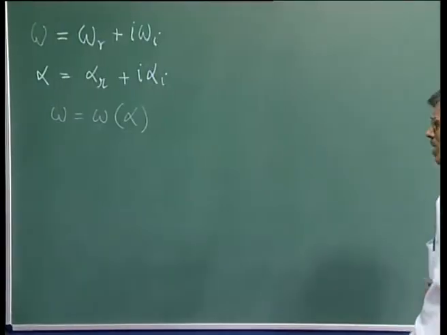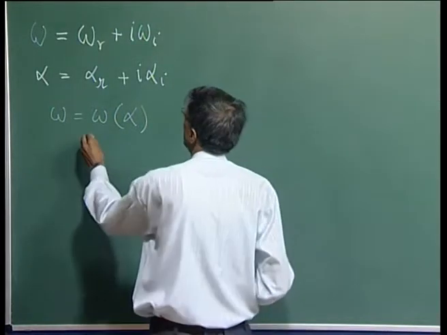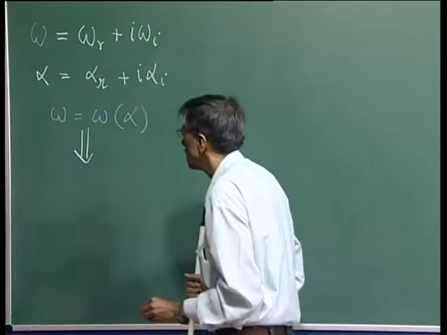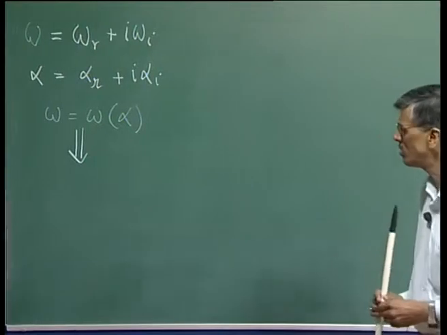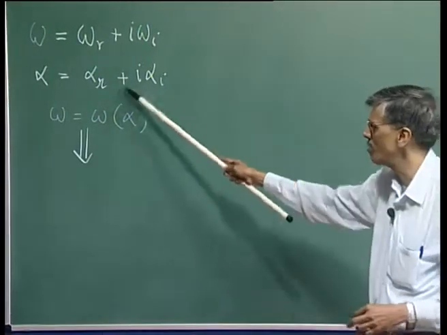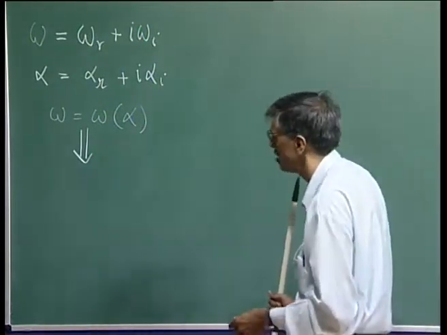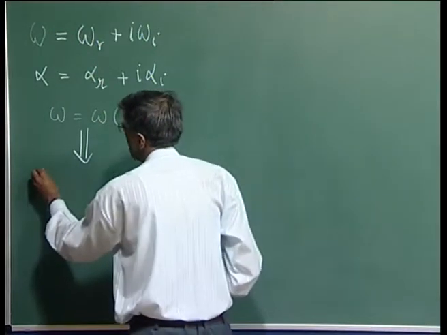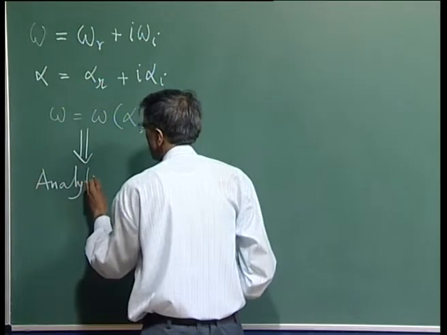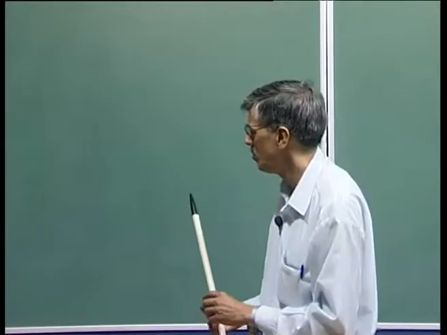If I write this omega as a function of alpha, that immediately gives me the following relationship between the partial derivatives of the real and imaginary parts of omega with respect to this wave number component. How does it come about? It comes about because this relation is analytic. What does that mean? You have well defined derivatives everywhere, and you can perform all that.